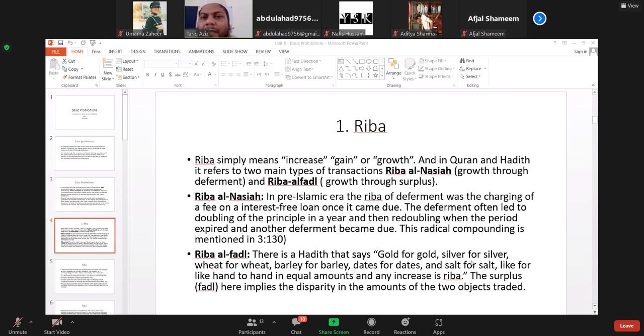The basic difference is that riba al nasiya comes into play in a borrowing and lending transaction, and riba al fazl comes in a trade, a sales transaction. Commodities cannot be exchanged for similar commodities unless on the spot in similar quantity.